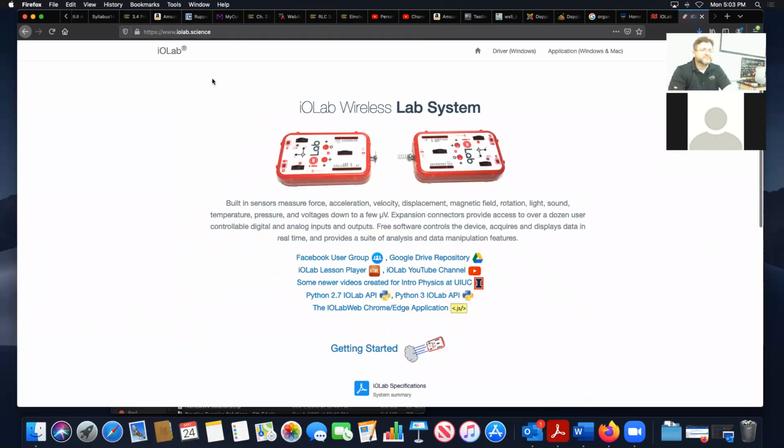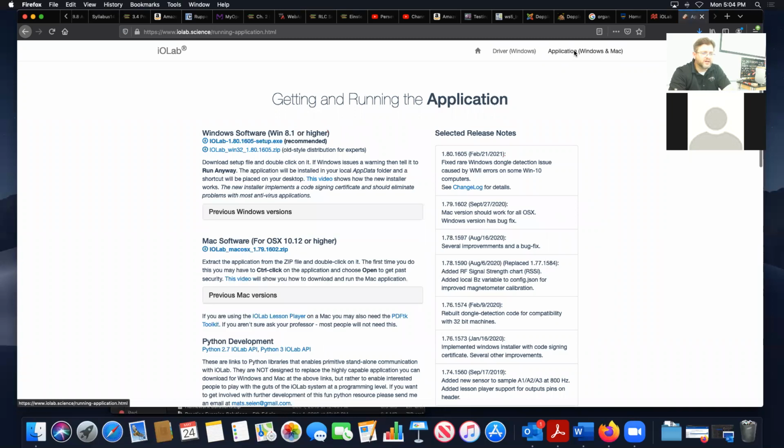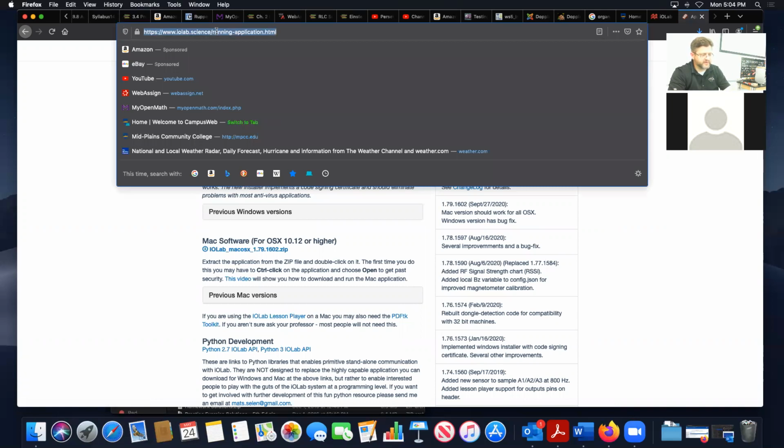There it is. Okay, so this is where you can get it from. Apparently, driver, Windows, application, Windows, and Mac. There you go. Found it.